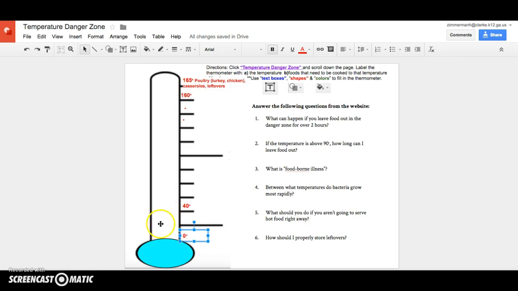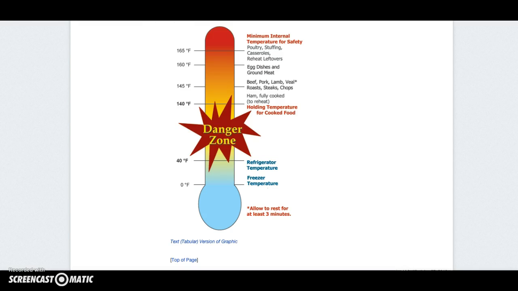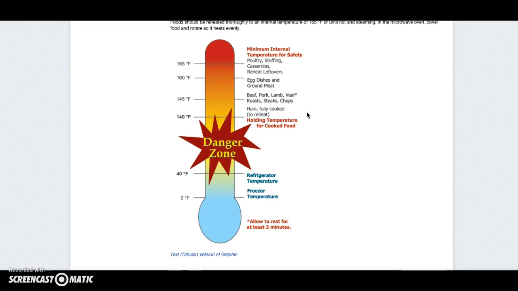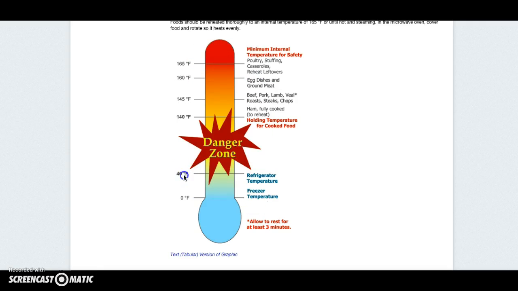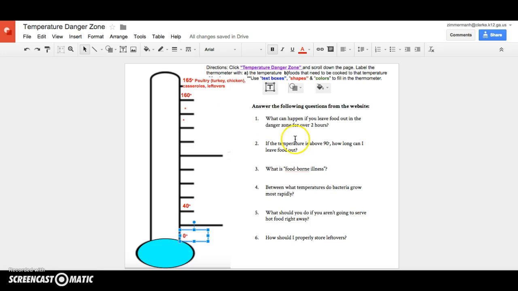And I want you to be able to tell me what foods you should cook to these different temperatures. And then when you're finished labeling this, I need you to label what the danger zone is. So you can see right here, between 40 and 140 degrees.